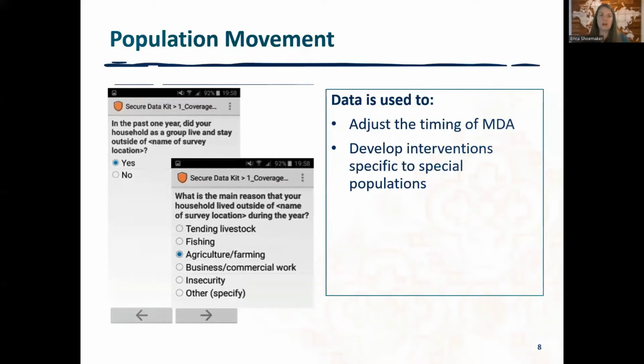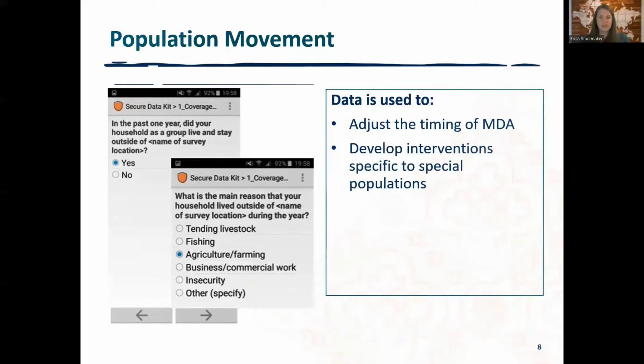The questions that are asked on the household questionnaire include: in the past 1 year, did your household as a group live and stay outside of the survey location? If the person answers yes, then we also ask, what is the main reason that your household lived outside of the survey location during the year? Answer choices include tending livestock, fishing, agriculture, business, other, or don't know.